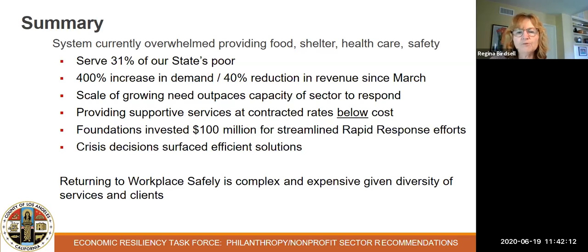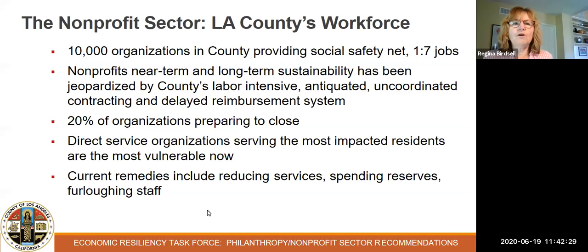So we also know that our first question was about how do we return to the workplace safely, and that was complicated and expensive given the services that we provide and the diversity of organizations and clients. A little reminder, when we started the year, there were 10,000 organizations in LA County providing social services.